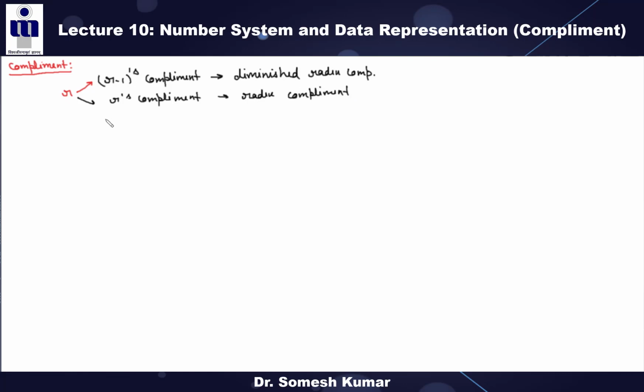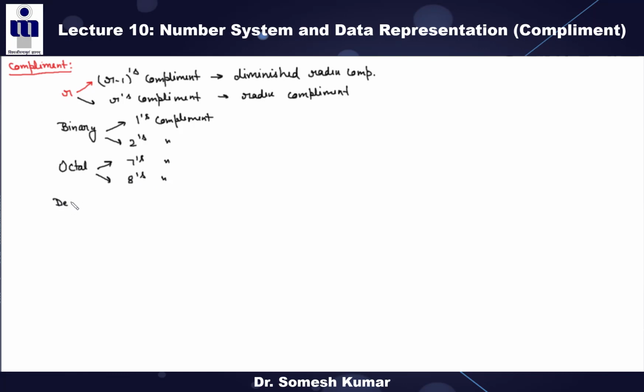Suppose there is a binary number. For binary, two complements are possible, the 1s complement and the 2s complement. Similarly, for the octal number, two complements are there, the 7s complement and the 8s complement.